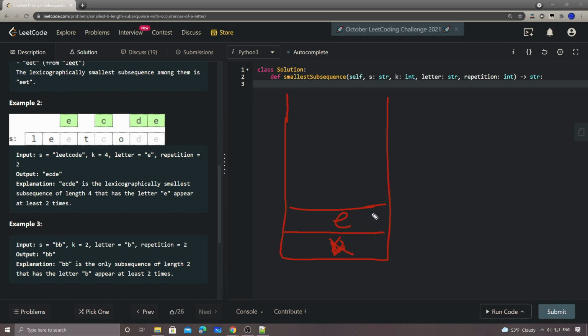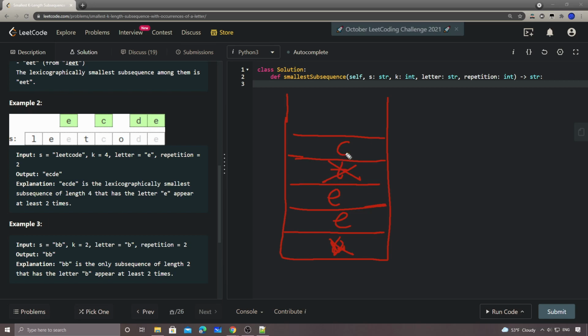Now we have E, and the next one is also E. That's why we can push this E, because E is not smaller than E. And then the next one is T. T is also greater than E, so we cannot pop. And then the next one is C. C is smaller than T, so that's why we can pop this T out.